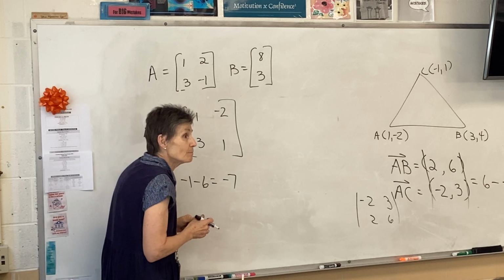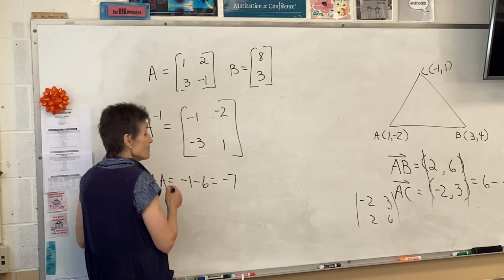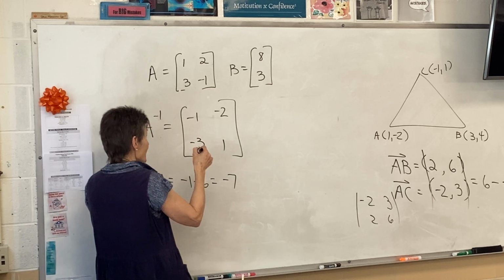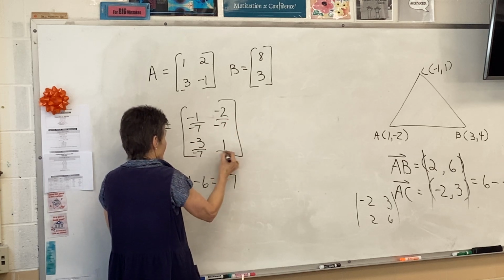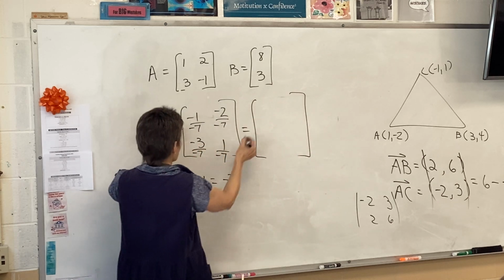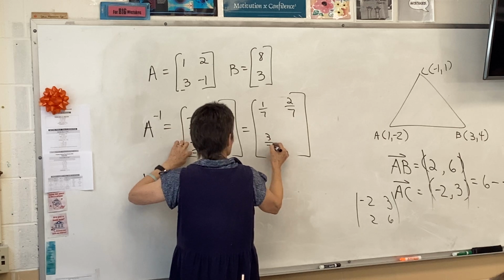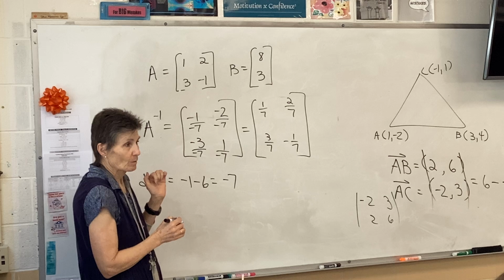Yes, they literally change sign. Then we divide each of these by the -7. So your inverse is 1/7, 2/7, 3/7, -1/7. Remember that?